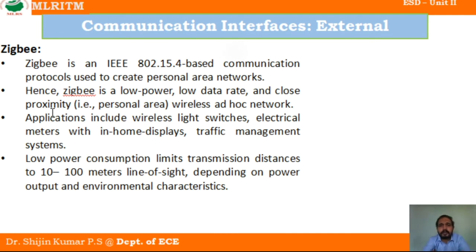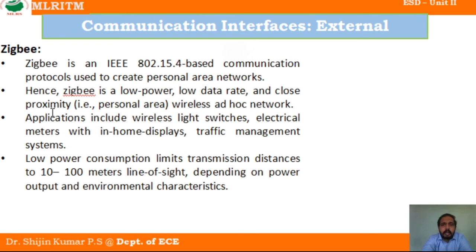It is used for creating wireless ad hoc networks. Ad hoc means temporary networks. The applications include wireless light switches, electrical meters, in-home displays, traffic management systems, etc. These are the applications of Zigbee.